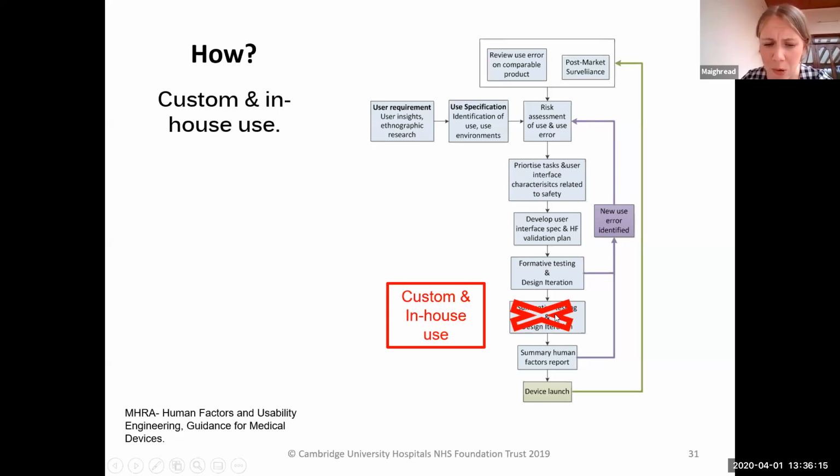What's involved in both rounds is quite similar, but summative testing would be more associated with if you were doing a clinical investigation to then seek market approval. But having several rounds of formative testing and then a report would be sufficient for custom and in-house use, but that's only my recommendation. I wouldn't fully take my word on it.